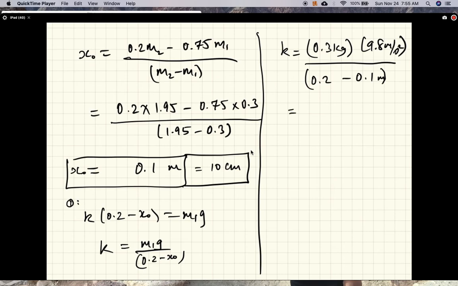So 29.4 Newton per meter. So that's the spring constant.